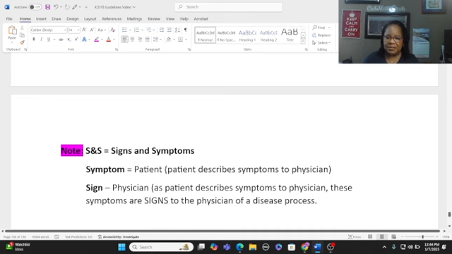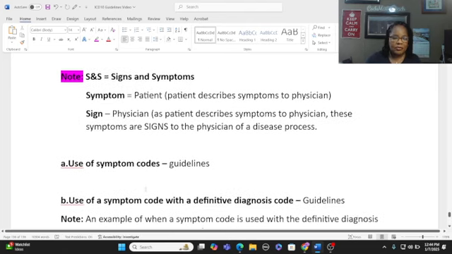The patient describes symptoms to the physician, whereas a sign is physician. As the patient describes their symptoms to the physician, these symptoms are signs, ding, ding, ding, to the physician of a disease process. So just remember, symptom equals patient, sign equals physician.